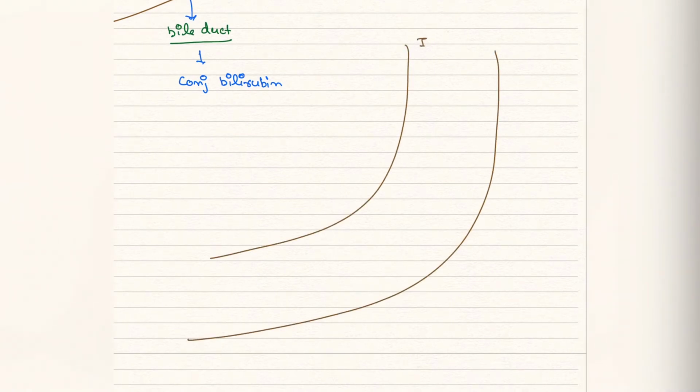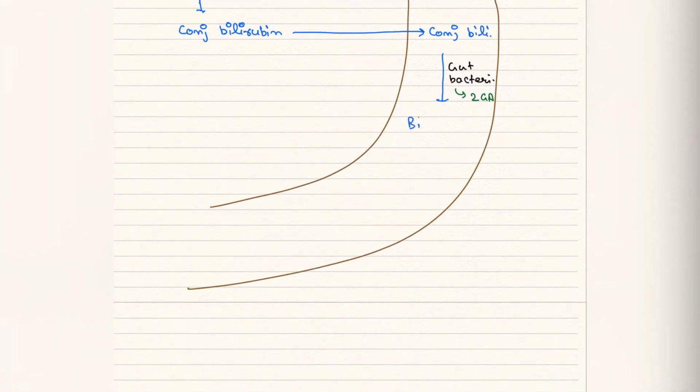Now this conjugated bilirubin will go into the intestine. In the intestine there are gut bacteria. So what is going to act on conjugated bilirubin? Gut bacteria will act and release the two molecules of glucuronic acid that were attached, which led to the formation of bilirubin.